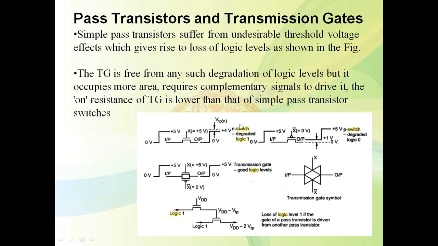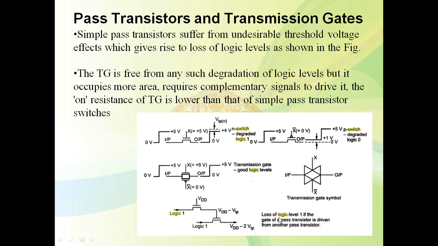So as we discussed, an n switch degrades the logic level, that is VDD minus VT. Now this will be VDD minus VTP here. Again this is going to degrade one more level, so there is a loss of twice VTP. So the output voltage will actually be VDD minus twice VTP.